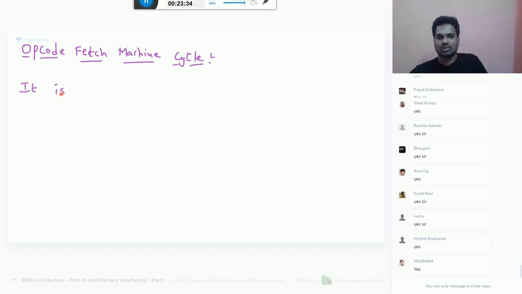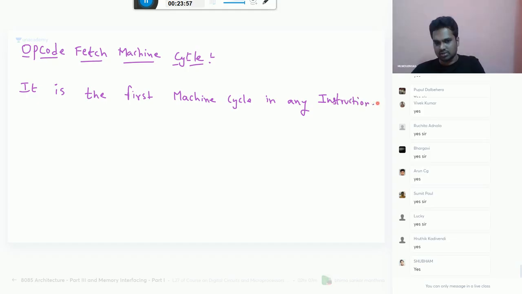Understand the concept first. It is the first machine cycle in any instruction. For any instruction, what is the first machine cycle? Opcode fetch. What is the first machine cycle? Opcode fetch.